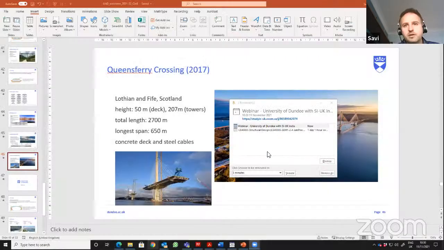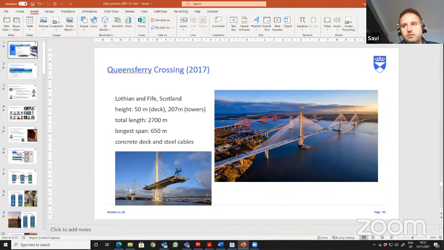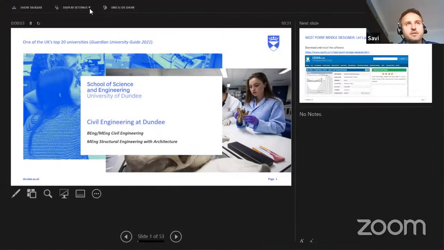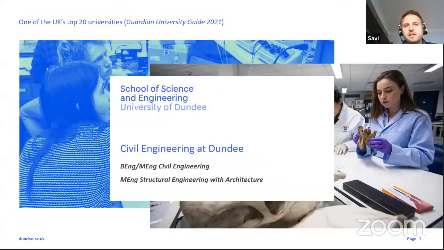Just one sec. I guess you can see my screen now. Go to the start of the presentation and swap the view. So is this clear now? Can you see my screen? Yes. Okay, thanks a lot.